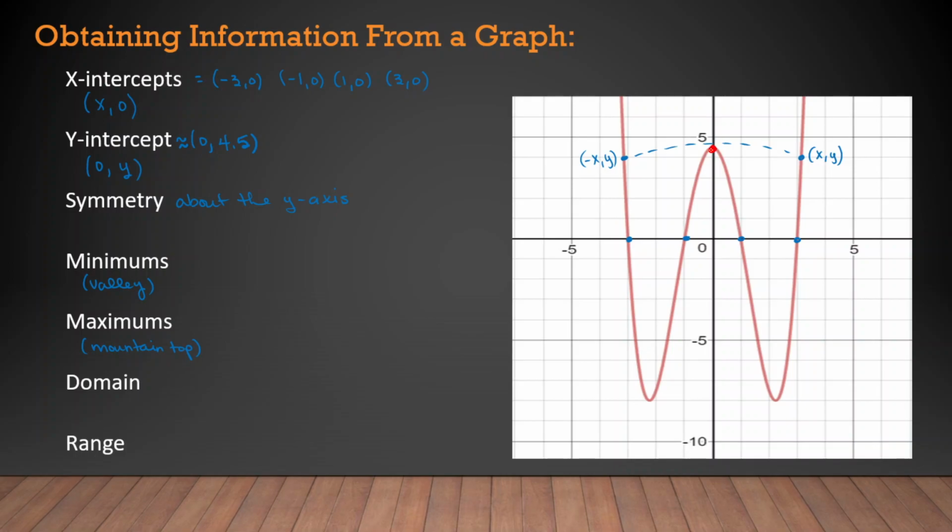This top point right here would be a relative maximum. Okay. And then down here at the bottom, we have a valley on both sides. And we're going to approximate that. It looks like it's at approximately -2.2 and -8. And then at 2.2 and -8. And again, those are approximations.